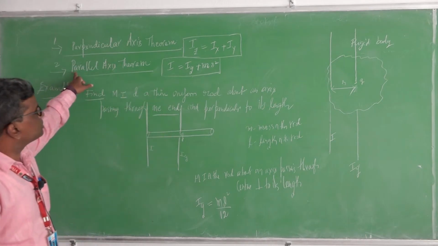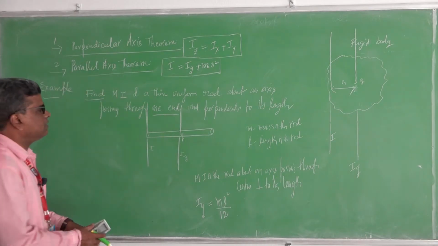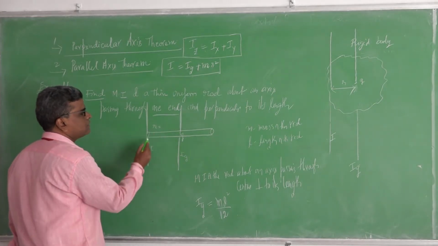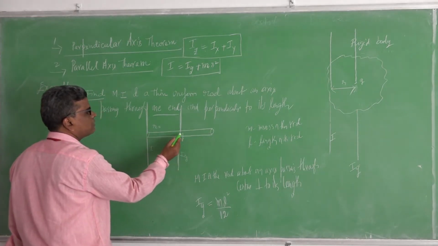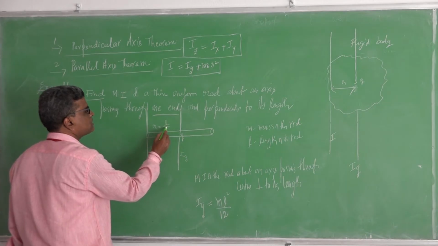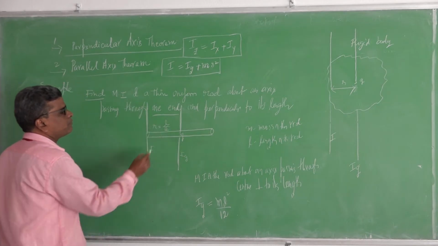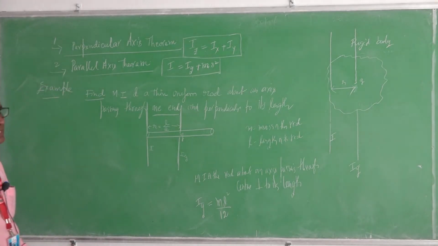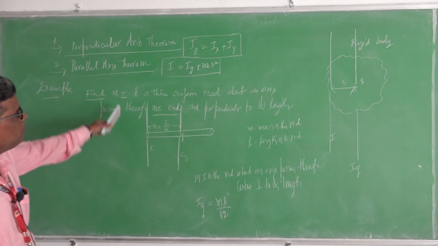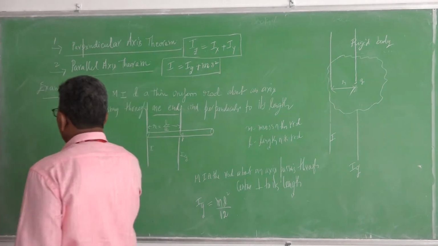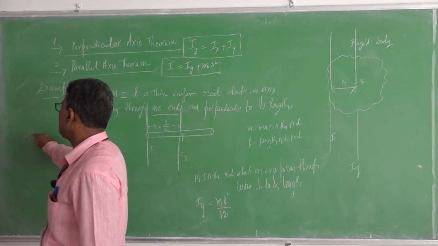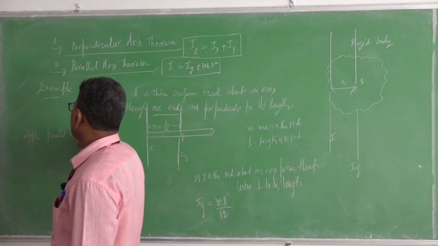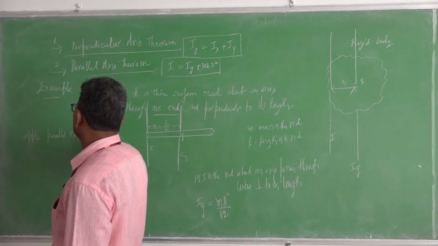Parallel. So I am applying the parallel axis theorem. What is the perpendicular distance between the two axes? If L is the length of the rod, this perpendicular distance becomes L by 2. Now I apply the parallel axis theorem.